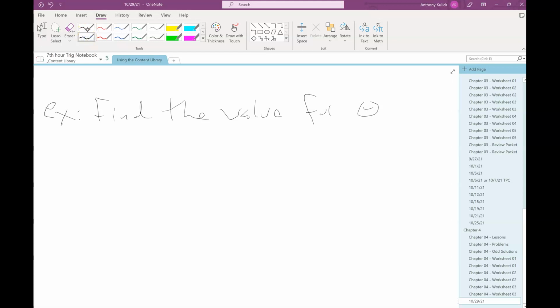Okay, so let's say we want to just solve for theta. Notice in the directions here, we're not asking for an exact value.